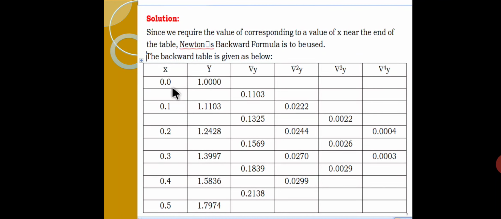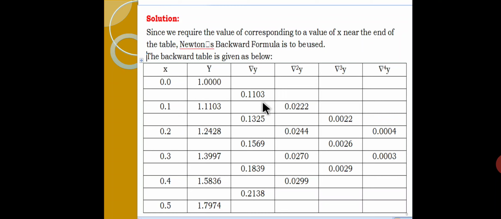So the given arguments are 0.0, 0.1, 0.2, 0.3, 0.4, 0.5 and their corresponding values of y are 1, 1.1103, 1.2428 and 1.3997, 1.5836, 1.7974, and first backward differences nabla y: 0.1103, 0.1325, 0.1569, 0.1839, 0.2138.